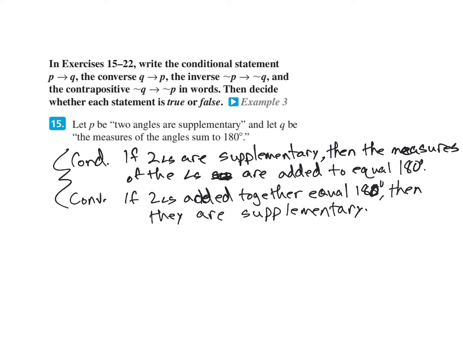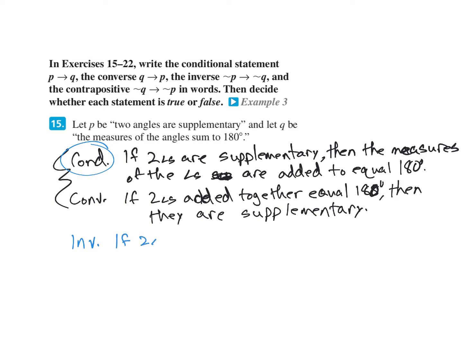So I'll do this one in blue. The inverse, and then also the contrapositive here. So the inverse is taking the conditional statement and rewriting it with the negation. So you literally just take your conditional statement and negate the hypothesis and the conclusion.